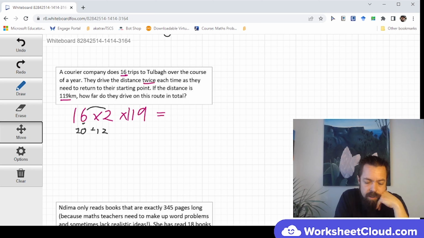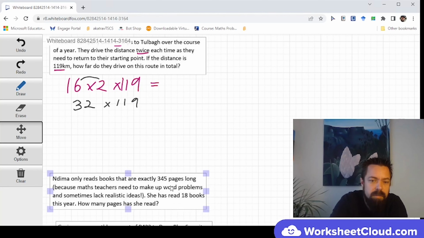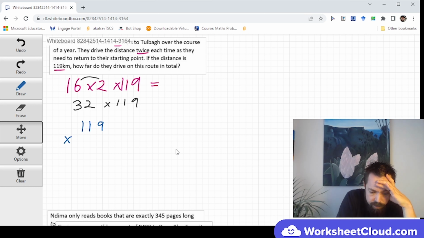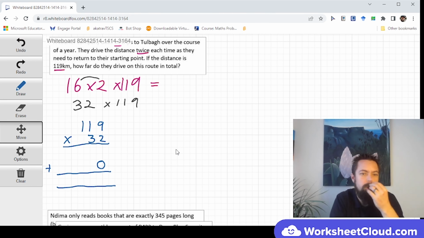Putting those together, I get 32. All right, so I'm looking at 32 times 119. Okay, I'll just shift this a little bit up and shift that a little bit down. Okay, so I've got 119 times 32. All right, ready to go.